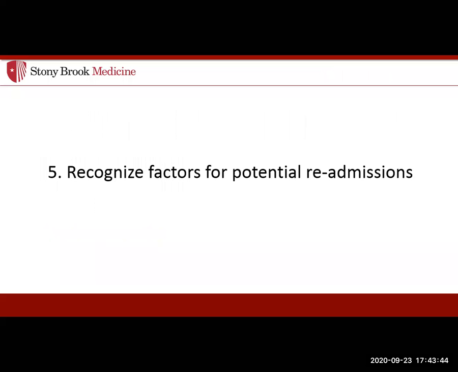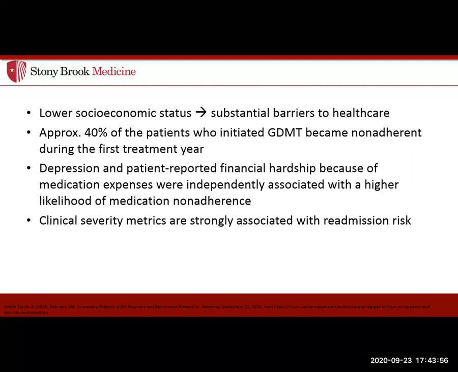So our last objective is to recognize some factors for potential readmissions. This is where pharmacists can play a very big role, especially when we are doing our discharge counseling. A study posted in the US Pharmacist showed that lower socioeconomic status had substantial barriers to healthcare.